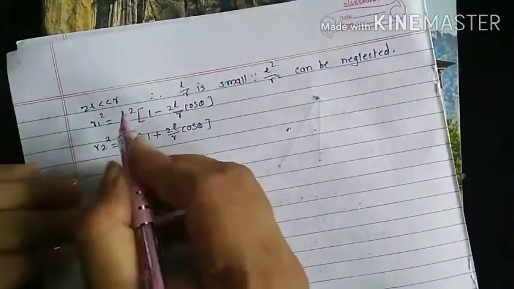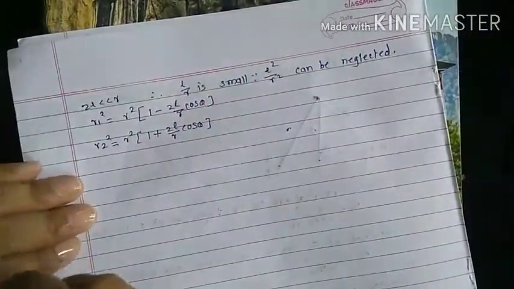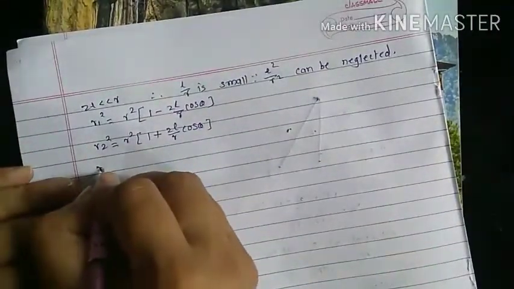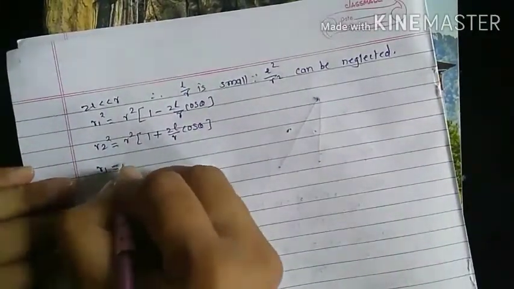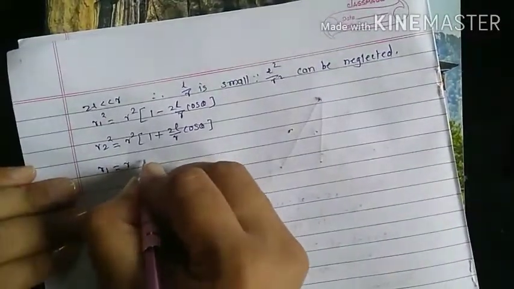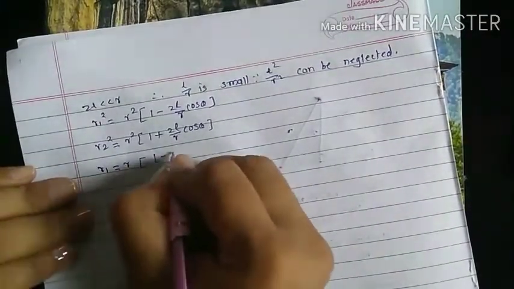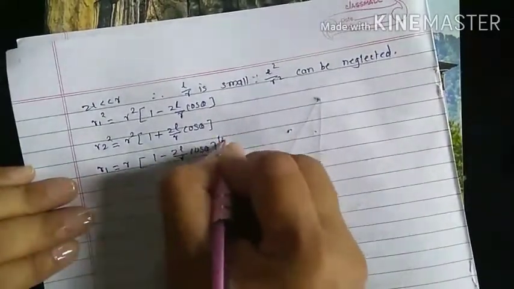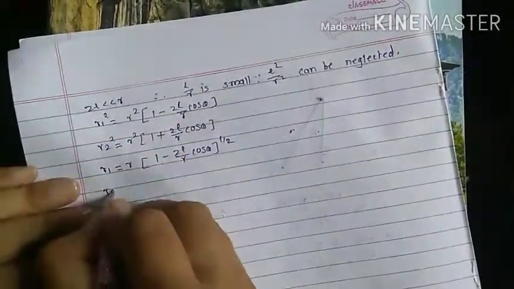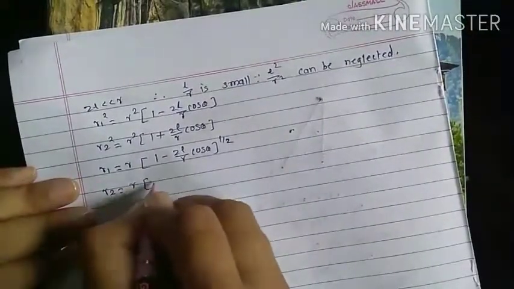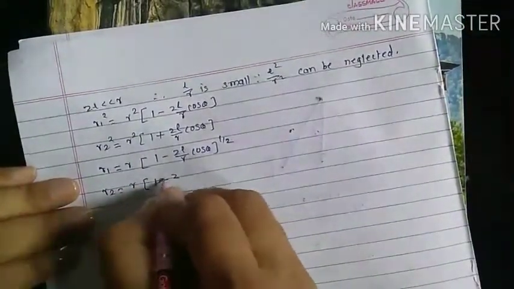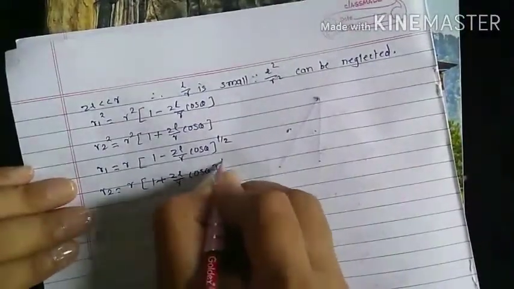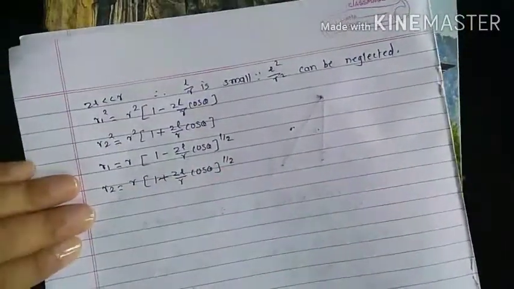Now, take the square root of this equation. Therefore, R1 is equal to R in a bracket 1 minus twice L by R cos theta raised to half, and R2 is equal to R in a bracket 1 plus 2L upon R cos theta raised to half.